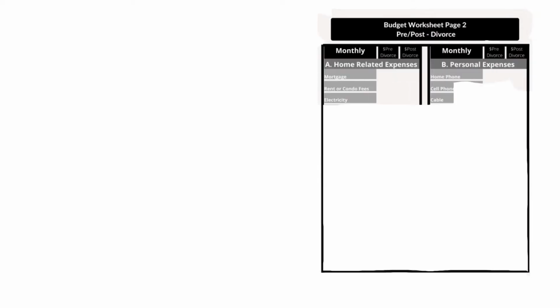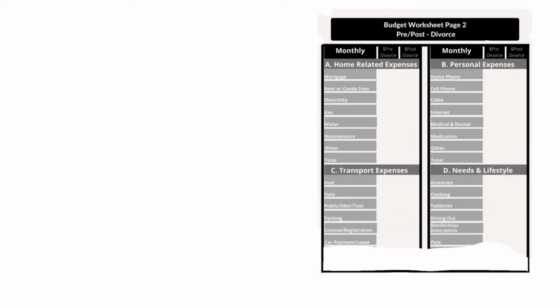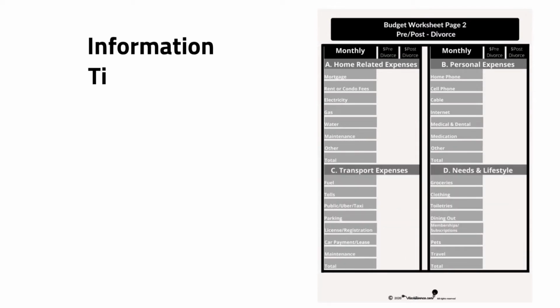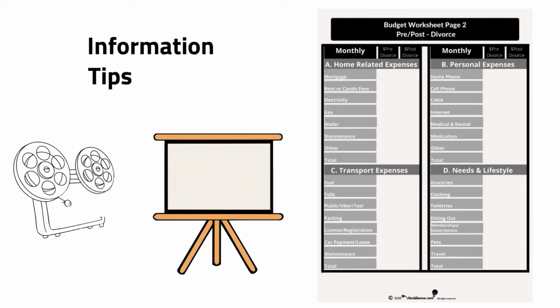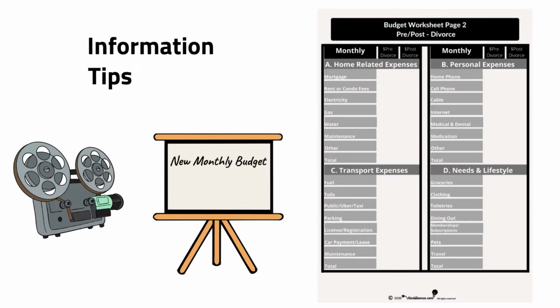As we work through all the areas of the budget together, I'm going to be giving you information and tips on how to figure out most of these expenses. You see, the tricky part is that not only do you need to figure out what your current monthly budget is, but you have to project what your new monthly budget will be once you live separate from your ex.